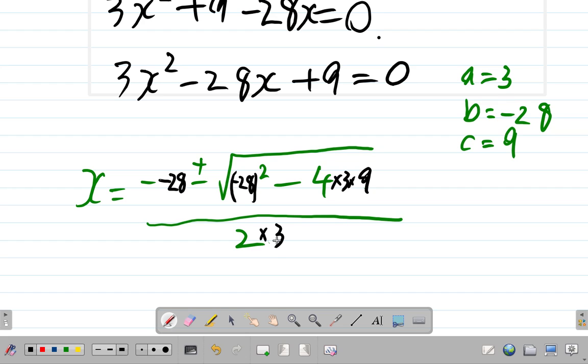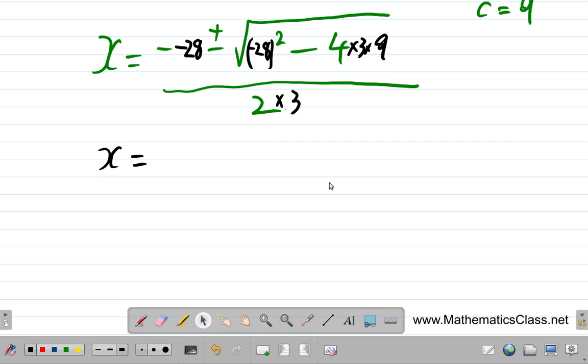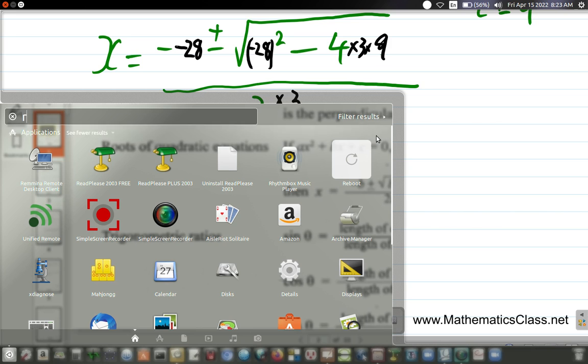Now, here we have x equals what? What you're going to do here is say, since this is minus negative 28, it becomes a positive 28 plus or minus the square root of 28 squared. What is 28 squared?